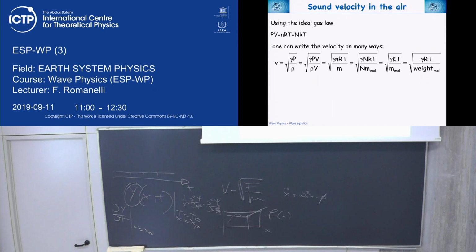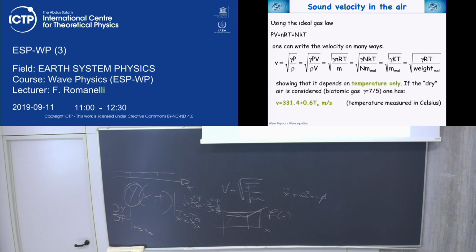Now let's consider the air on the Earth. As a very first and good approximation, it's a diatomic gas, N2 O2. And so, gamma is 7/5. That was the factor that was modifying the speed from Laplace from that of Newton.